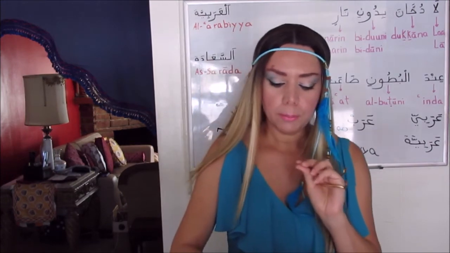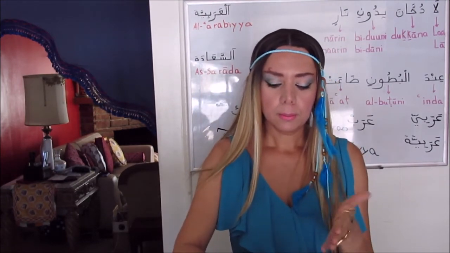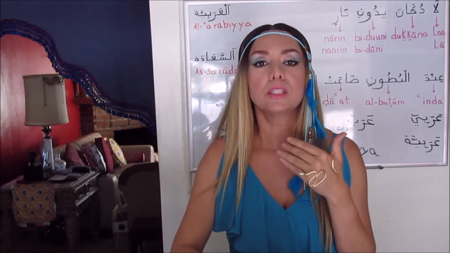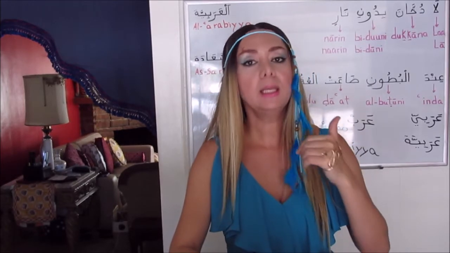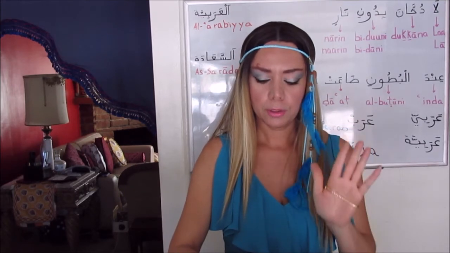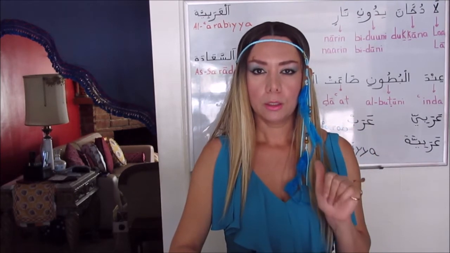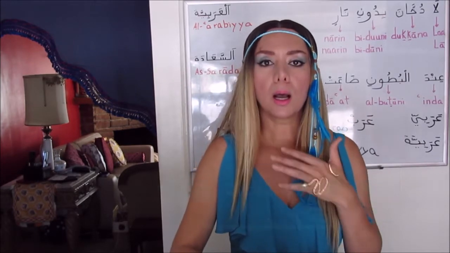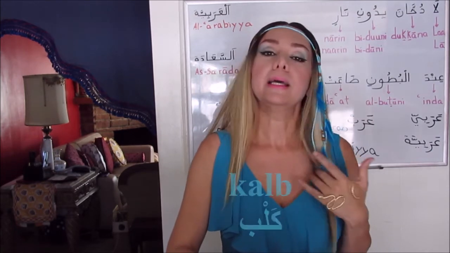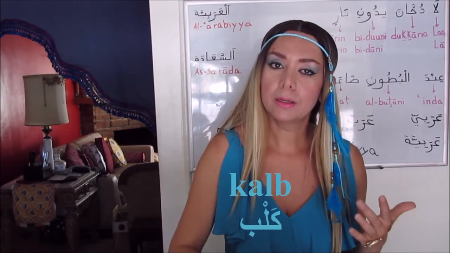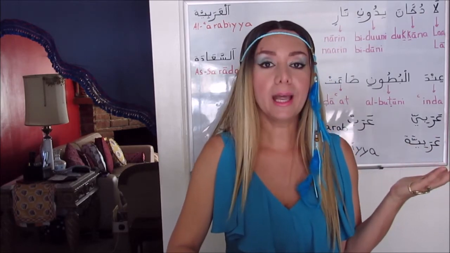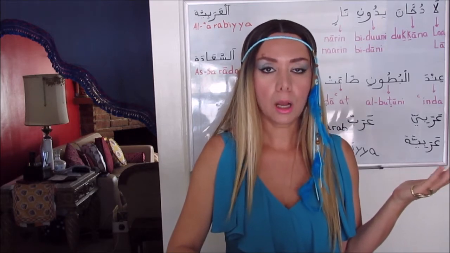So the imaginary scene inside your throat is that the air is trapped from deep down the throat for the production of this sound, as with the word qalb, heart, and kalb, dog. Qalb, heart, kalb, dog.